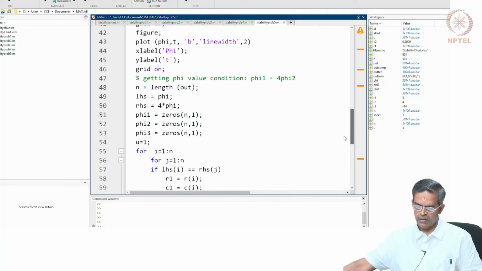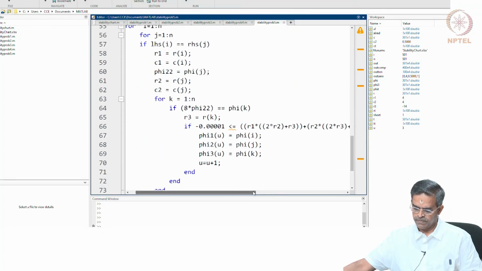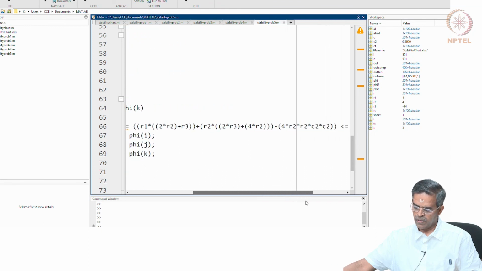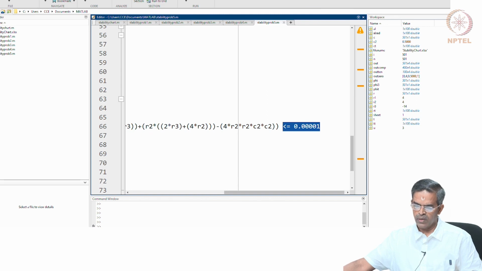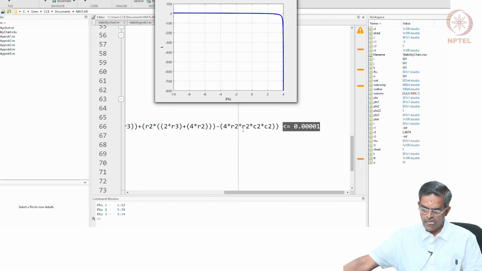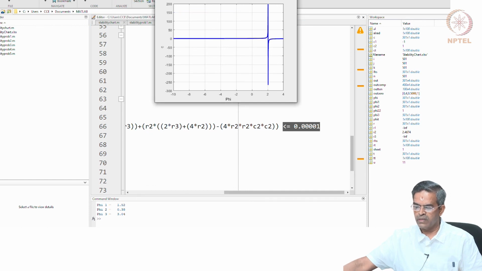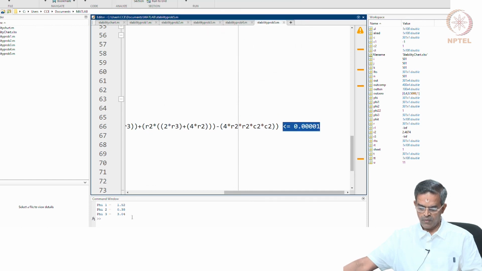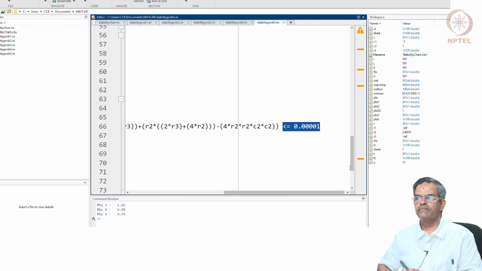We have the program here, we have the characteristic equation which is here, set to close to 0 0, okay, not 0 0 0. Let us run this program. I get these charts of R, T and P. I get phi 1, phi 2, phi 3 as you see on the screen, okay.